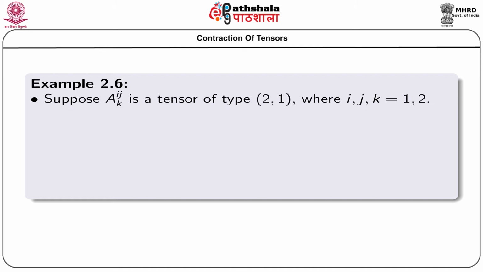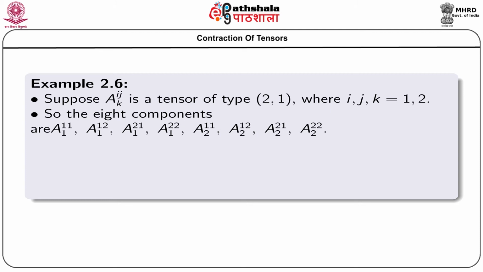So, A i j k has 2 cube, that means 8 components. These are the 8 components: A111, A121, A211, A221, A112, A122, A212 and A222, because i, j, k are running from 1 and 2, since we have taken the dimension of the vector space as 2.